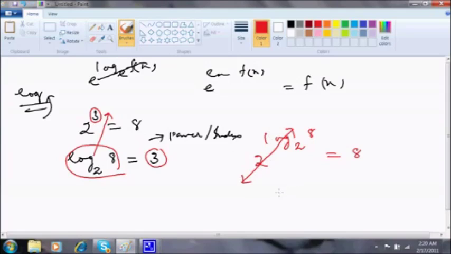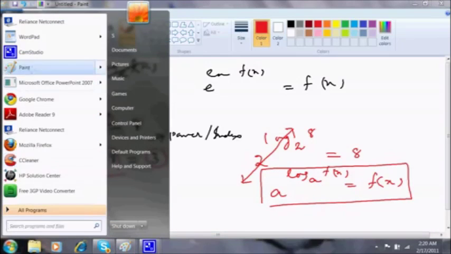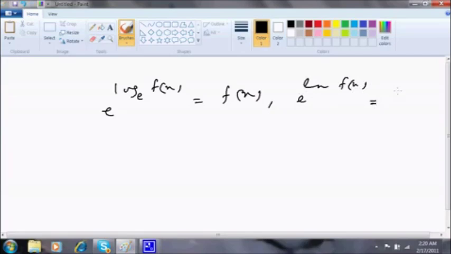So I can come to a formula that a to the power log of f(x) to base a is f(x). When it was e to the power log of f(x), it should be base e, then it is f(x). Or in other words, e to the power ln of f(x) is f(x). Similarly, a to the power log of f(x) to base a is f(x).